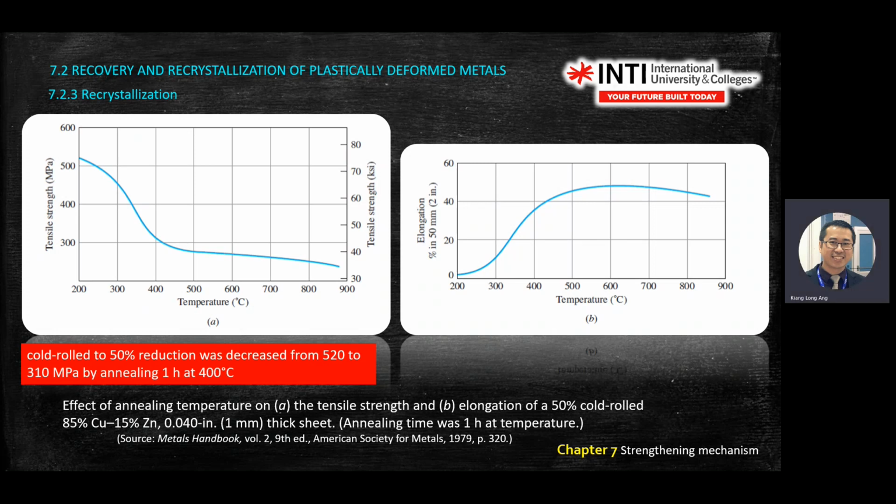Okay, so there are two ways. One, if you want a fast one, you go to the last point of the elastic line, then you can take that as the yield point. Or the more standard way is that you find 2% according to the American standard. 2% of the strain, or 0.002, you draw a line, then that is your yield point.